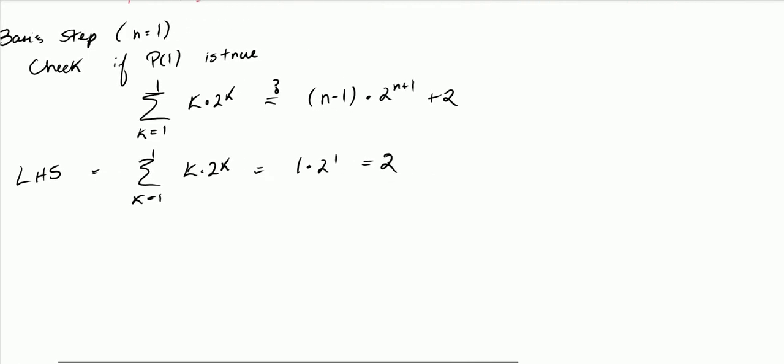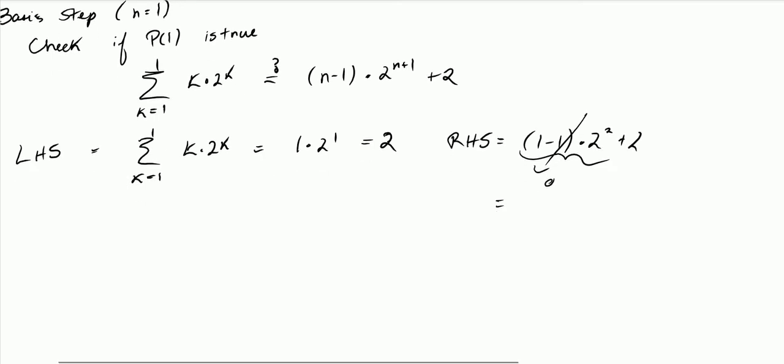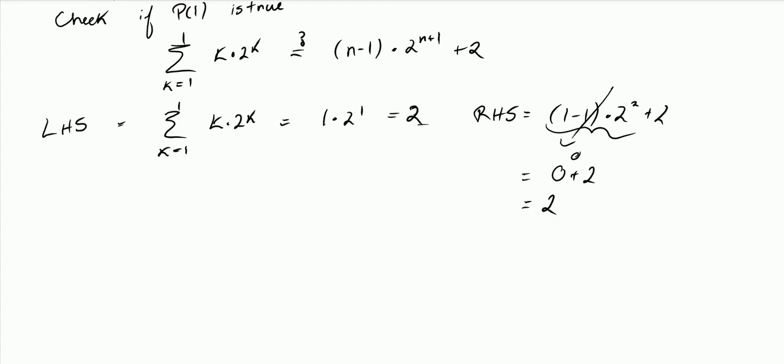Then for my right hand side, I plug in 1 wherever I see an n, so it will be (1 minus 1) times 2 to the 2, plus 2. So this is 0, and I'm left with 0 plus 2, which is 2. So I can see that my LHS is equal to my RHS.